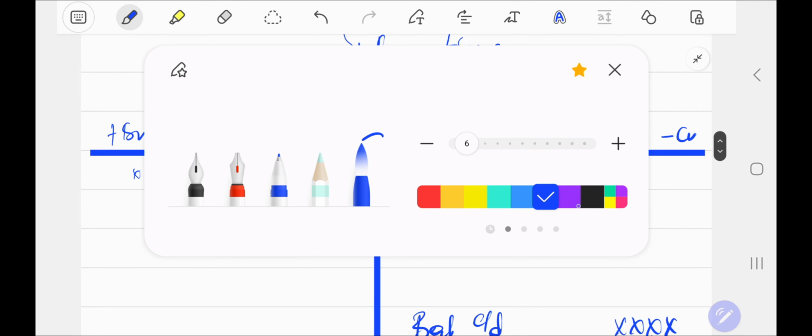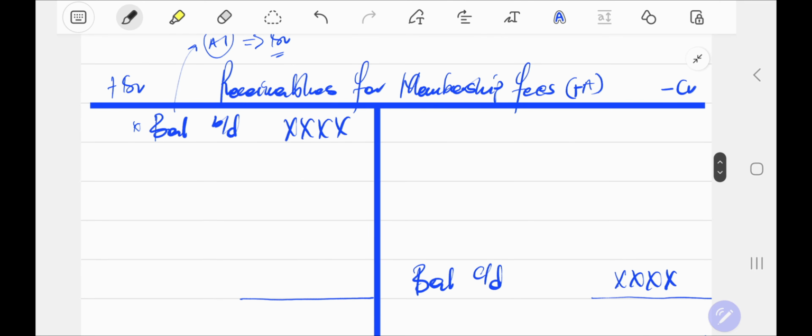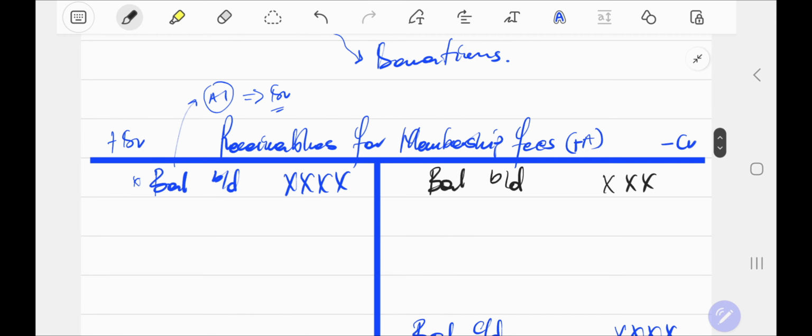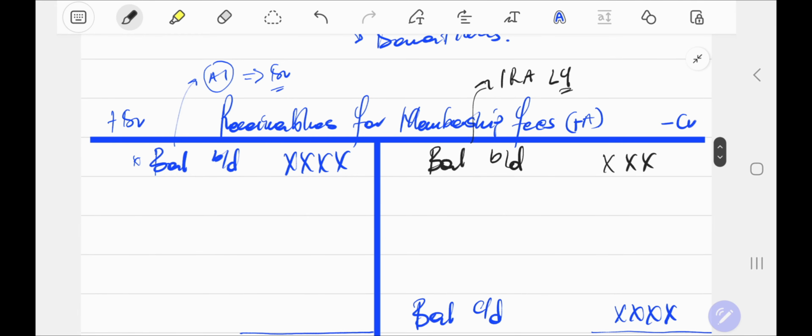And then from there, on the other side, on the credit side, you are going to have the balance brought down. This balance brought down represents the income that was received in advance last year for this year. Another way to understand this is that income received in advance is a liability account.